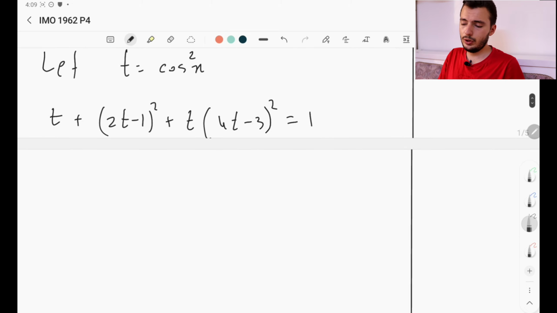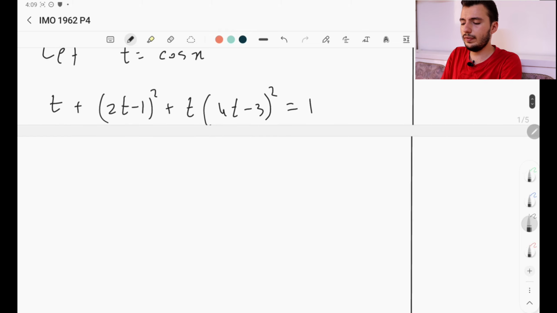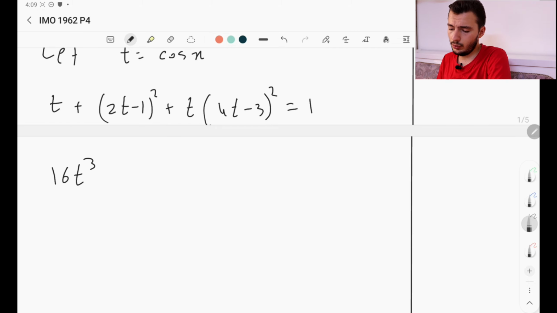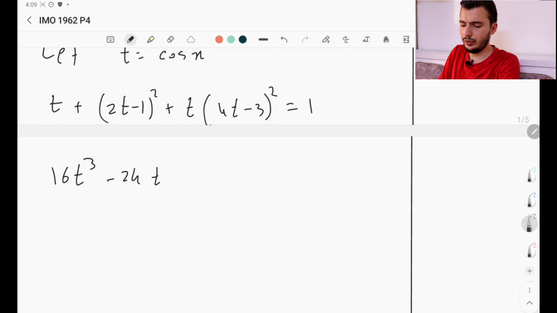Okay, let's expand this. Of course this will be an equation of degree 3. So first of all let's write it in order immediately. We'll have 16t cubed. Okay, now what about the squared? We have minus 2 times 3, minus 24t squared, and from here we also have minus 4t squared plus 4t squared.